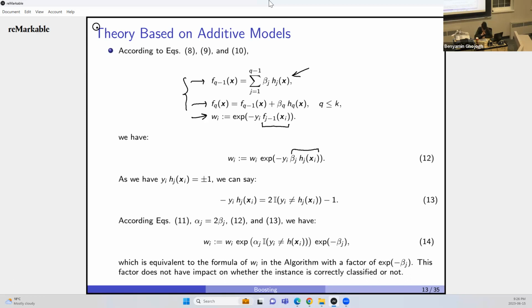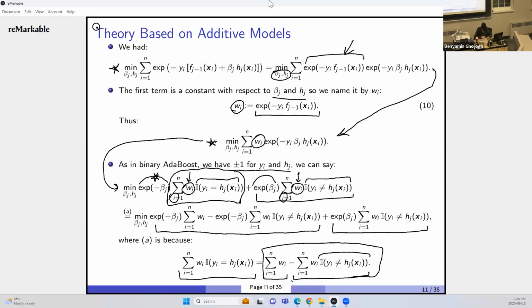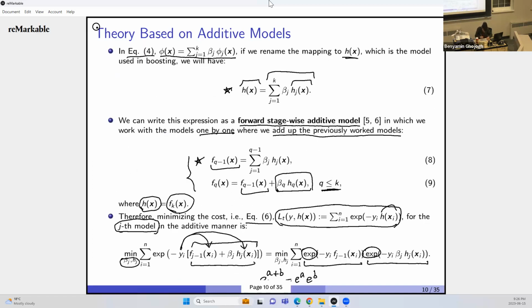Yes. Do you know, I think the reason that we don't have summation is that we are considering only the jth model. Do you remember? Even when we started from, where did we start from? Here. I don't have summation here because I'm only considering the last equation here. I'm only optimizing for the jth model.